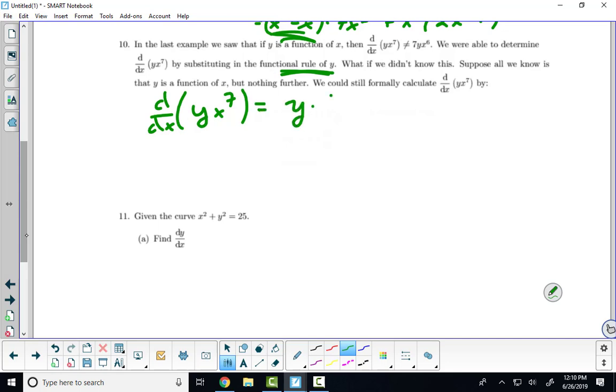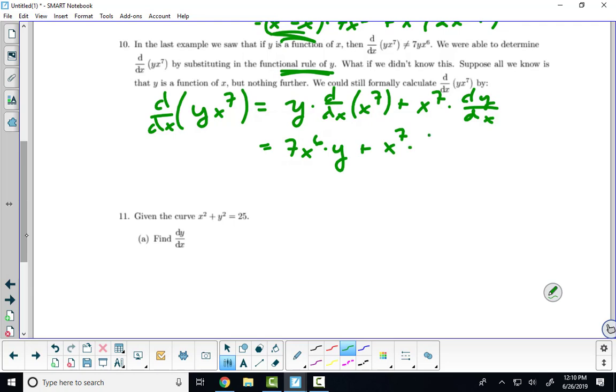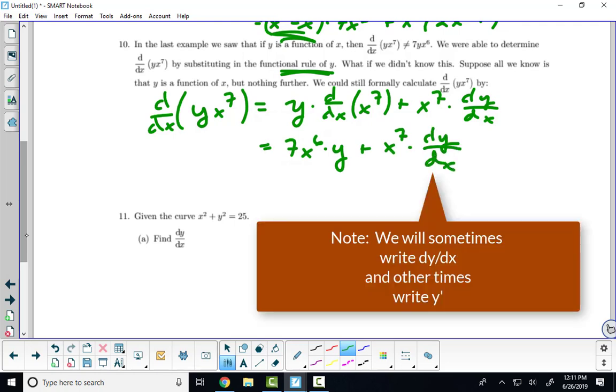Here's the first times the derivative of the second plus the second times the derivative of the first, which cleans up to be 7x to the 6th times y plus x to the 7th times dy dx. And we've taken the derivative as far as we can without knowing what function y is.